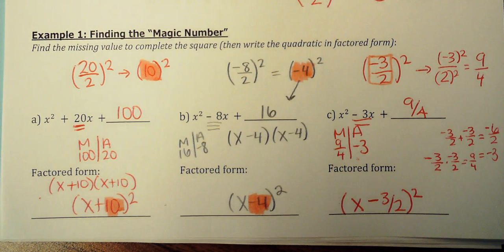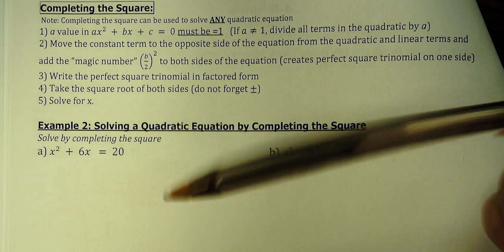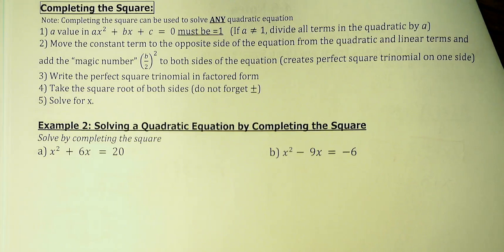Okay, now I'm on the back page, and the directions at the top here is just a general step-by-step instruction for how to complete the square. Now, we're not going to deal with any where we have a number in front of the x squared in this situation, because if that happens to you, there's easier ways to solve a quadratic equation than using this method.